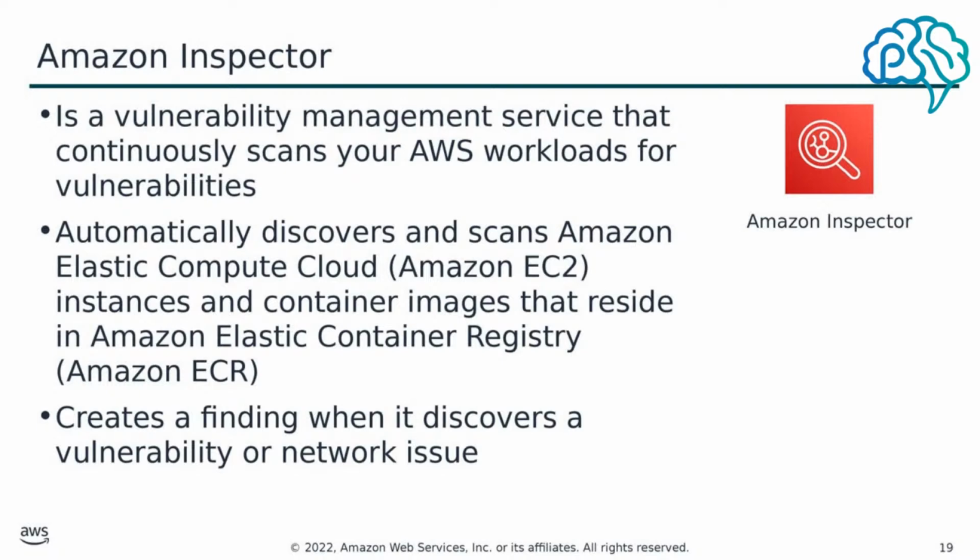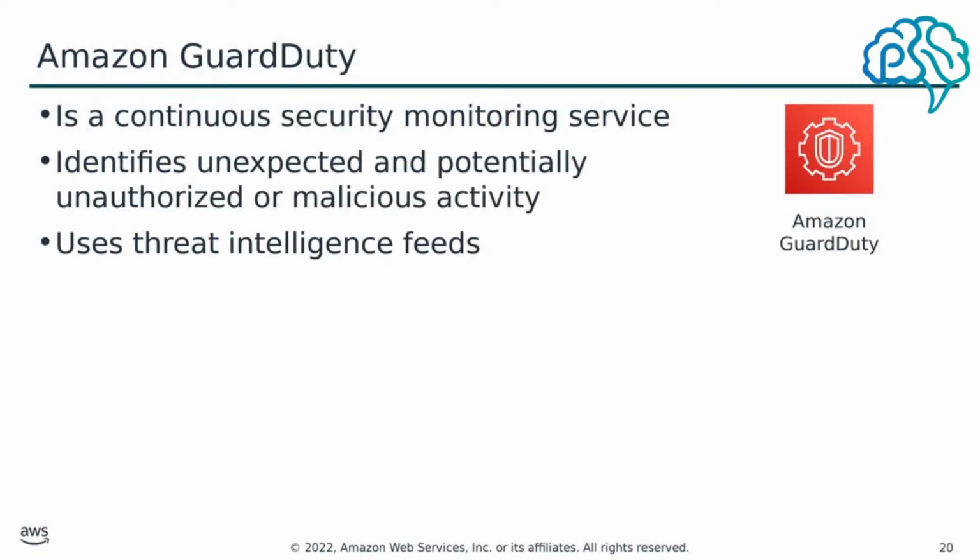We also have GuardDuty. GuardDuty is a way of continuously doing monitoring, and you can identify unexpected and potentially unauthorized or malicious activity in your AWS account. And this service would use threat intelligence feeds. For example, it could look at traditional malicious IP addresses or domains, and it could use machine learning to identify certain kinds of patterns.